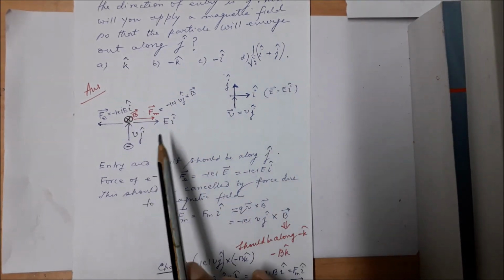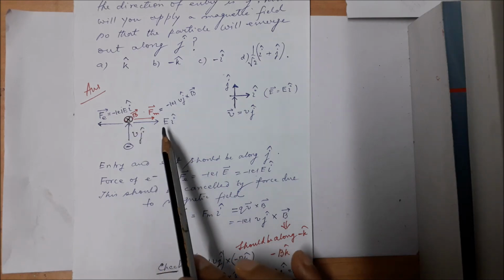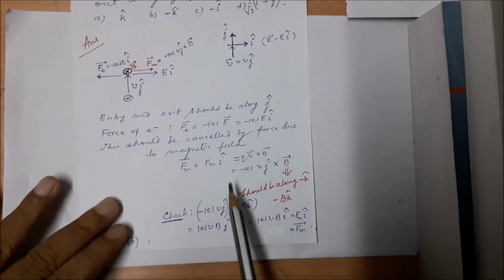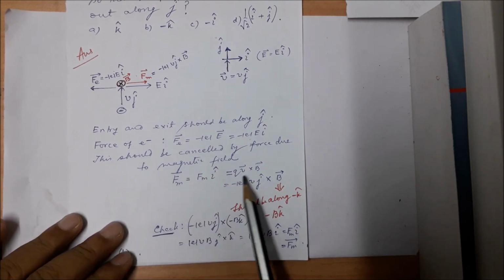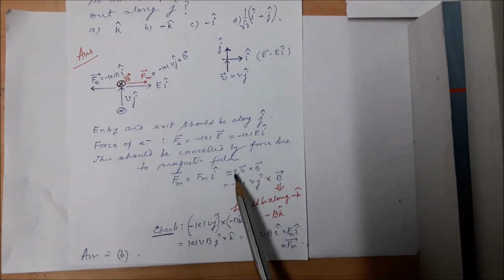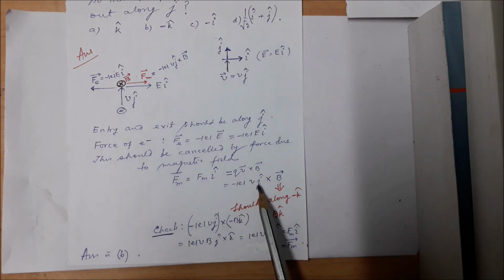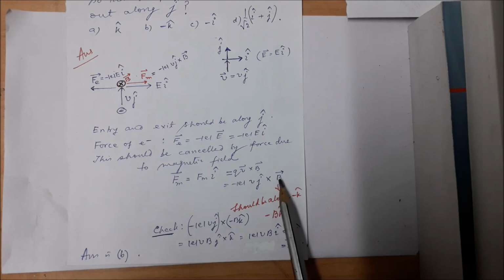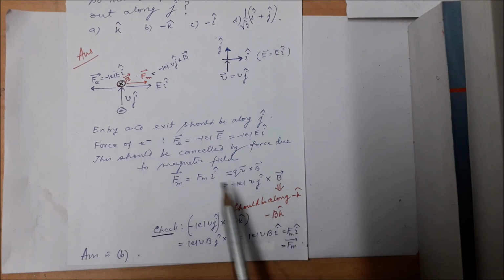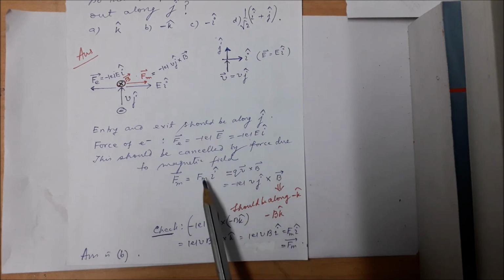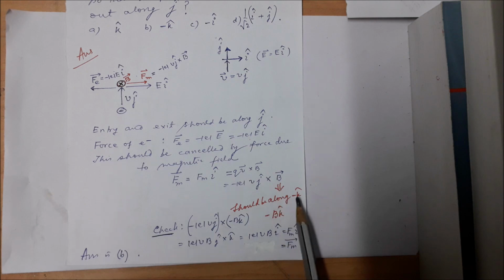Now Lorentz force along this direction is needed, so we write this is the Lorentz force, which is equal to Q into V cross B. Now Q is minus mod e and value of V is given to be V into j hat, and the value of B is not known. So the problem is actually minus j cap cross what gives us i hat, and this should therefore be minus k cap.